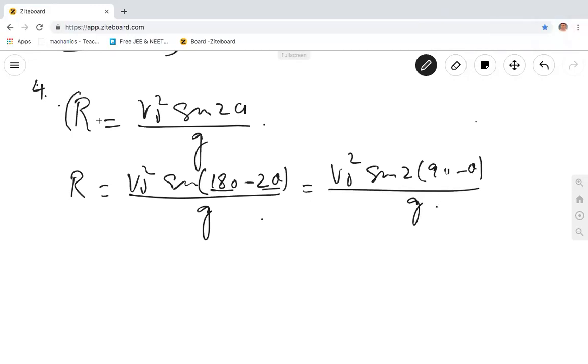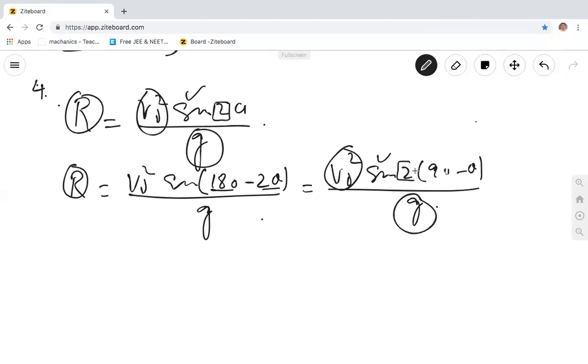So if you compare these two ranges, they are the same. V0 square is the same. g is the same. Even sine is the same. Even 2 here is the same as 2 here. So what is different? Theta and 90 minus theta. So this implies that theta and 90 minus theta should have the same range.